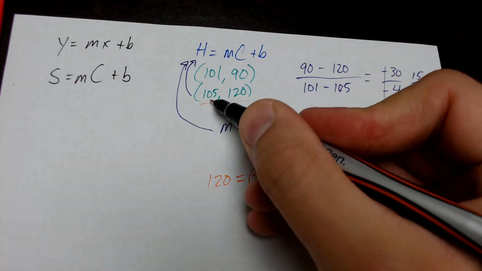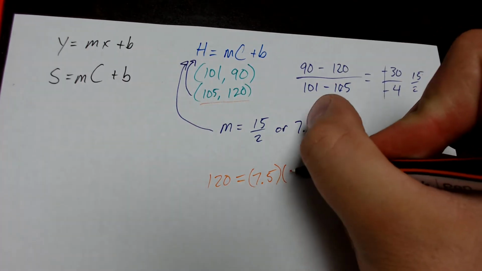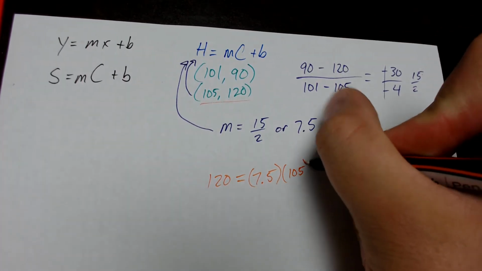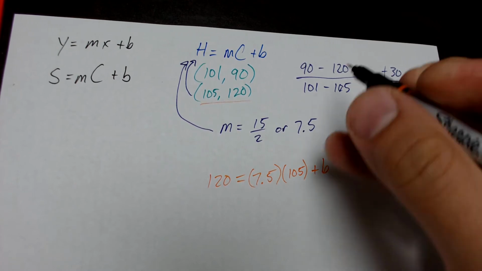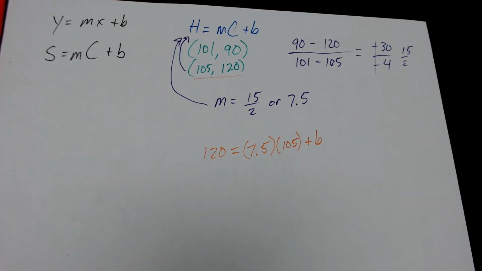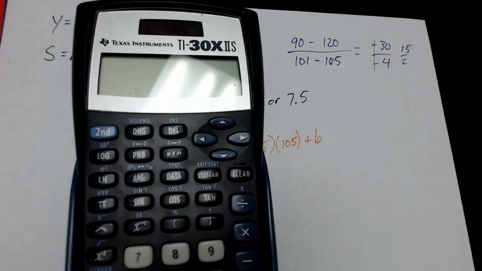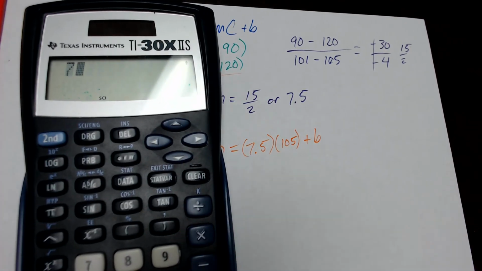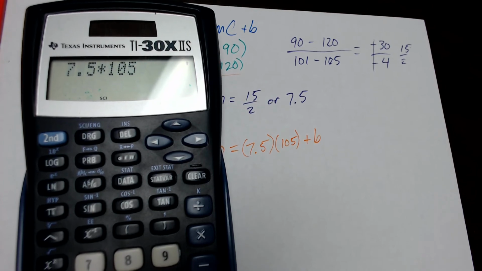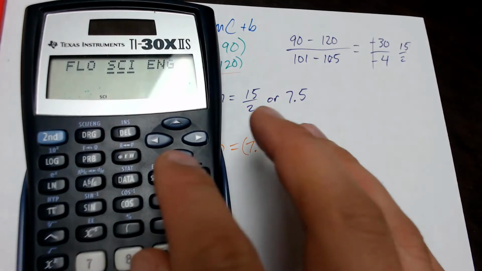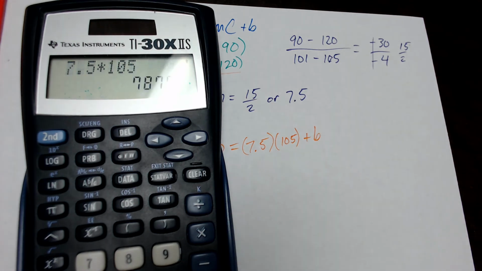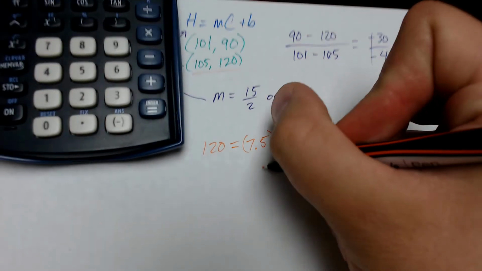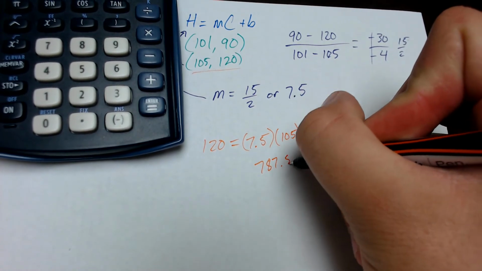And for C, I will put 105 for x. And that plus b. So now all I have to do is solve this equation for b. I'll take my calculator, and I'll take 7.5 times 105. I'm still in scientific notation mode from our previous videos. I get 787.5.